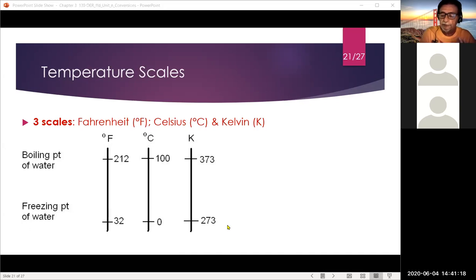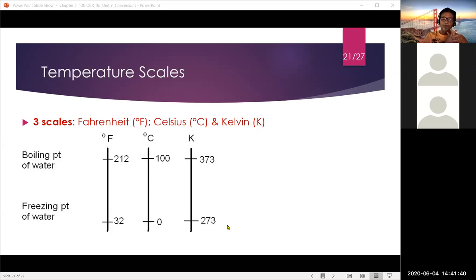We have 3 scales that we work with, mostly the Celsius. This is a relationship between Fahrenheit, which the US and UK and some other countries utilize, and Celsius, which the countries that use the metric system use.